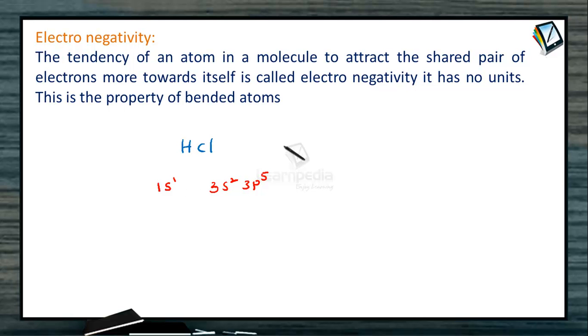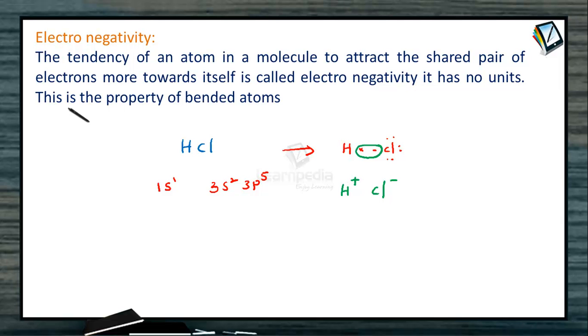But in this case, what really happens? Chlorine has 7 electrons in its valence shell, and it forms a bond by sharing 2 electrons. Because the pulling capacity for the bonded electrons is high for chlorine, chlorine pulls the bonded electrons towards itself. It gets a negative charge and hydrogen gets a positive charge. That means the pulling capacity of bonded electrons is more for chlorine.